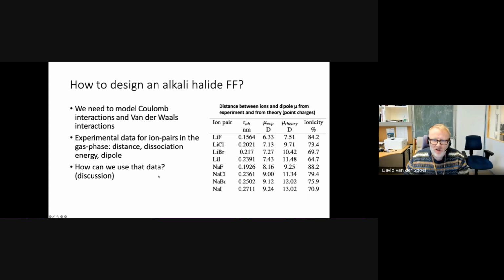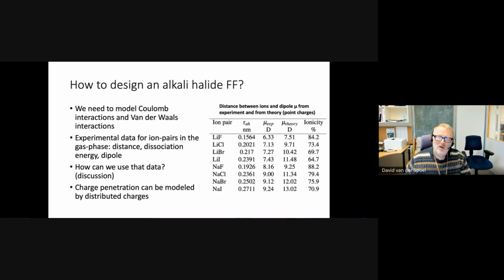So what does this mean? Well, it means that we have charge penetration. The charge clouds overlap between these atoms or ions in the gas phase. Now if we replace our point charges by these Gaussian charges that I mentioned, then the interaction will become weaker at short distance. With these Gaussian models, we can describe this much better.